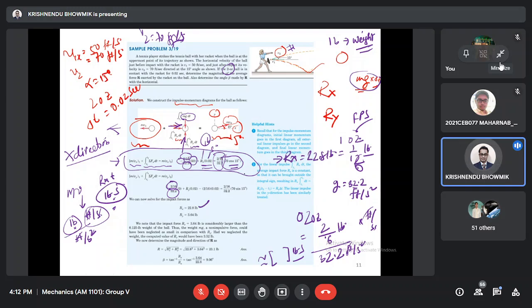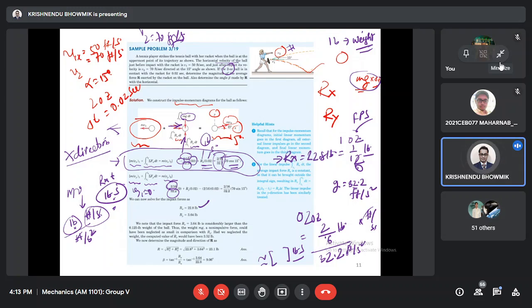Now Ry. For Ry direction, see, m Vy1 plus impulse in y direction equals final m Vy2. Now initially the velocity in y direction, Vy1, was 0, because it is told it is only horizontal velocity.